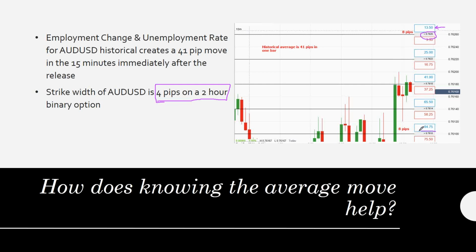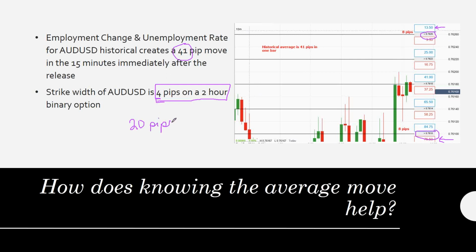Down here, if you go 8 pips down, you could actually sell that one for about $25. You're expecting a 41 pip move, okay? Now, especially on these that only have a 4 pip strike width, I will divide the 41 by 2, which basically comes to 20 pips is what I'm expecting, okay?